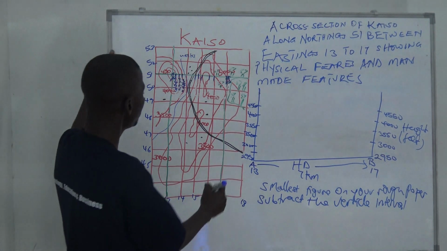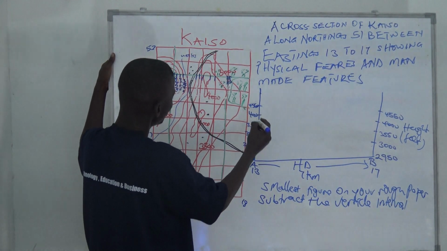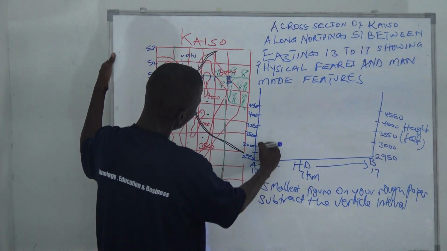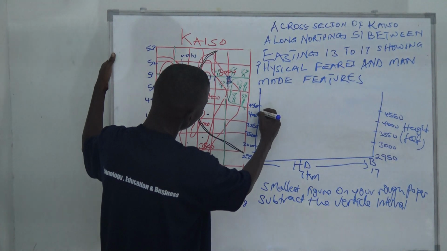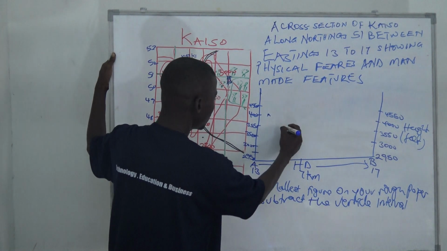You bring your rough paper back to A and B, you start marking. The first line was reading 4,500. You look for 4,500. You mark.